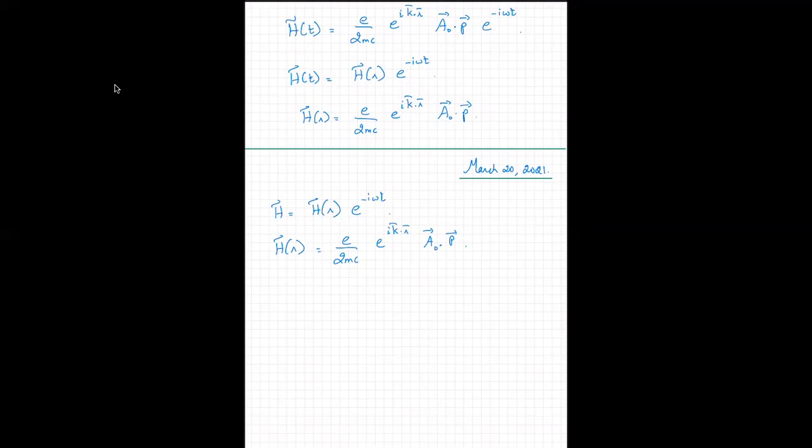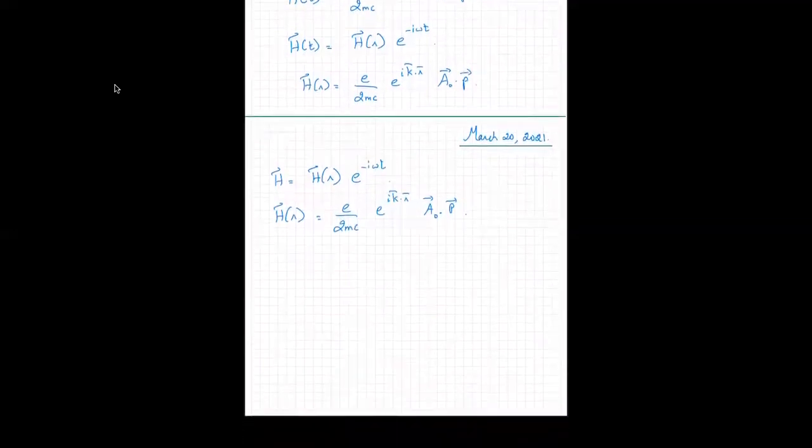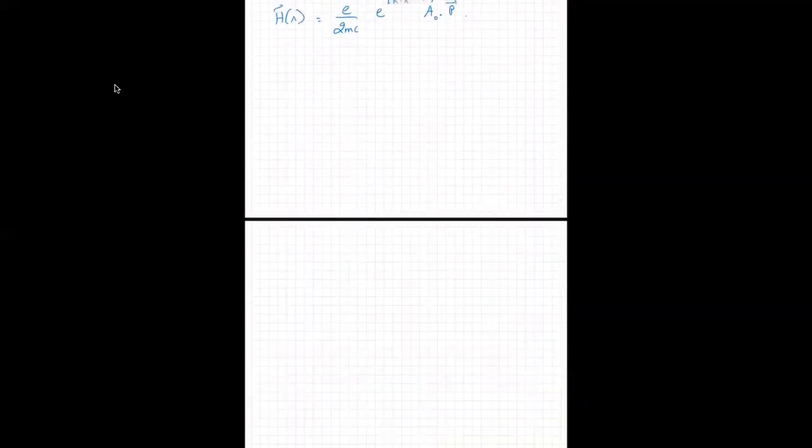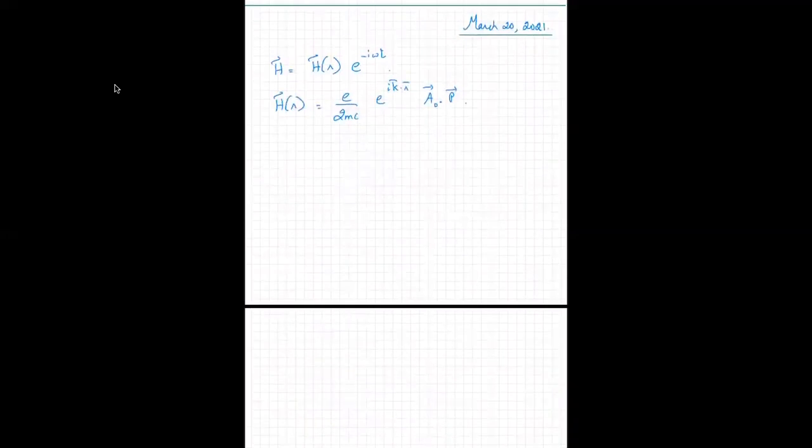So what is the photon doing? The photon is basically causing the electron to get out of the hydrogen atom completely. Now, suppose the photon were only causing a transition from one level of the hydrogen atom to another level, then what should be the energy of the photon?